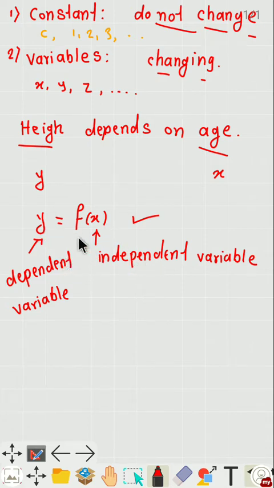In this way we write the function y equal to f of x. The meaning is y is a function of x, meaning y depends on x. So x is the independent variable and y is the dependent variable.